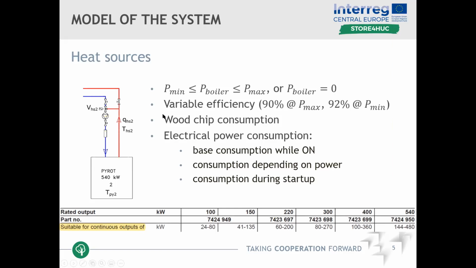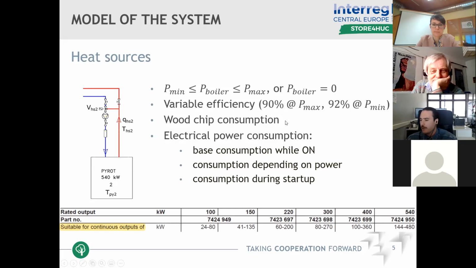For the price, we took into account wood chip consumption and also the electrical power consumption. This electric power consumption is very low compared to wood chip consumption, of course, but we want to penalize some effects. One of the effects is the base consumption.